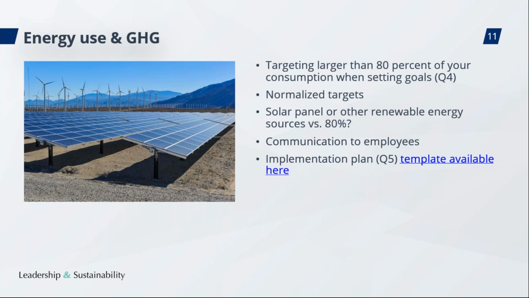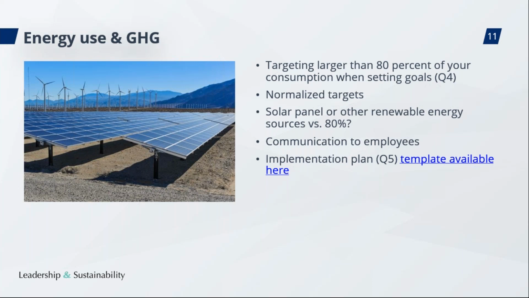So let me read also from the How to Higg, because if you don't cover 80%, you will have a deduction of scores. So you will receive full points if you set targets for energy sources that make up 80% or more of your total energy use. You will receive partial points if you set targets for energy sources that make up 50 to 79% of your total energy use.